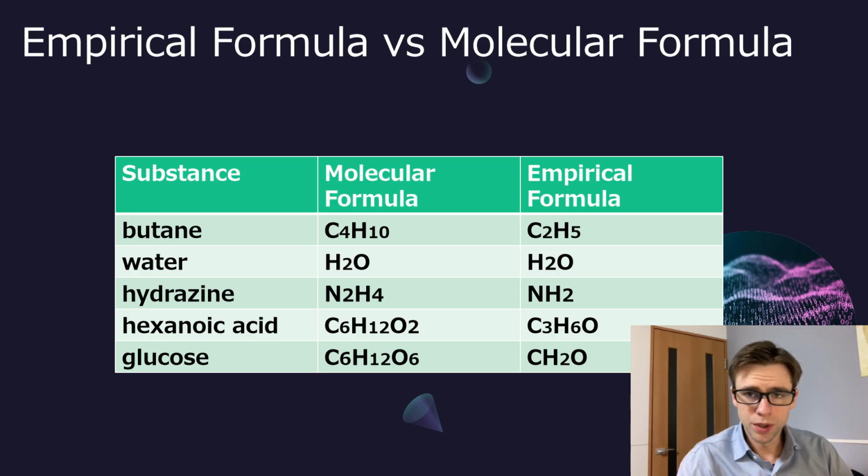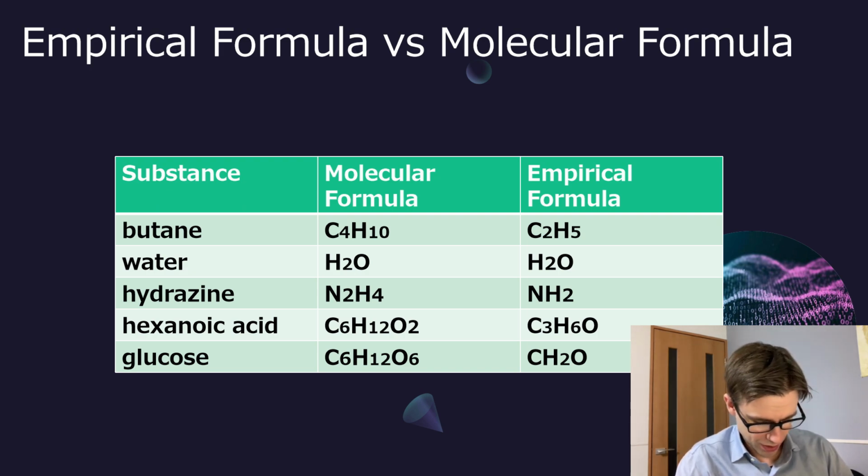What about water? H2O? Well, the empirical formula is also H2O. Again, we can't divide one oxygen by any other number, so it's set at that. Sometimes the empirical formula is exactly the same as the molecular formula. Alright, hydrazine, N2H4, we can divide that by 2 to get NH2.